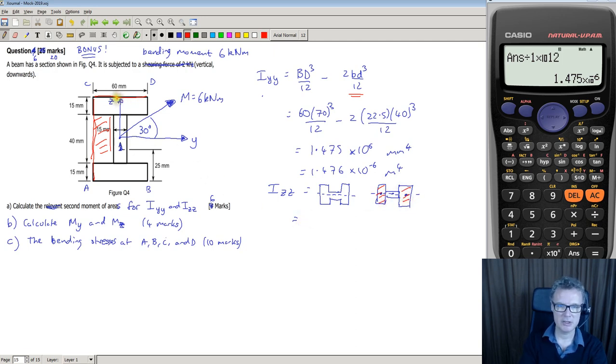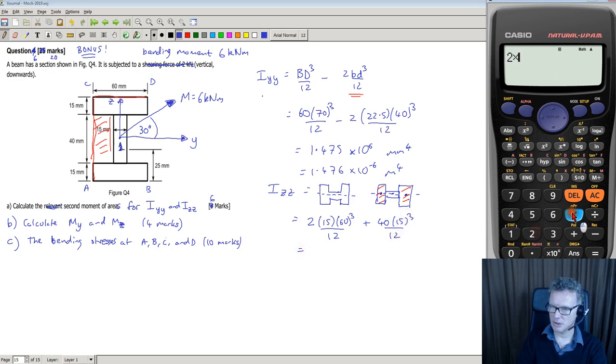Hopefully that makes sense. So you need to imagine this thing moved 90 degrees onto its side. So I've got two of them. The width this time is 15, and the depth this time is 60, to the power 3 over 12. And now for the middle section, plus the width is 40, there's only one middle section, and the depth is 15, divided by 12.